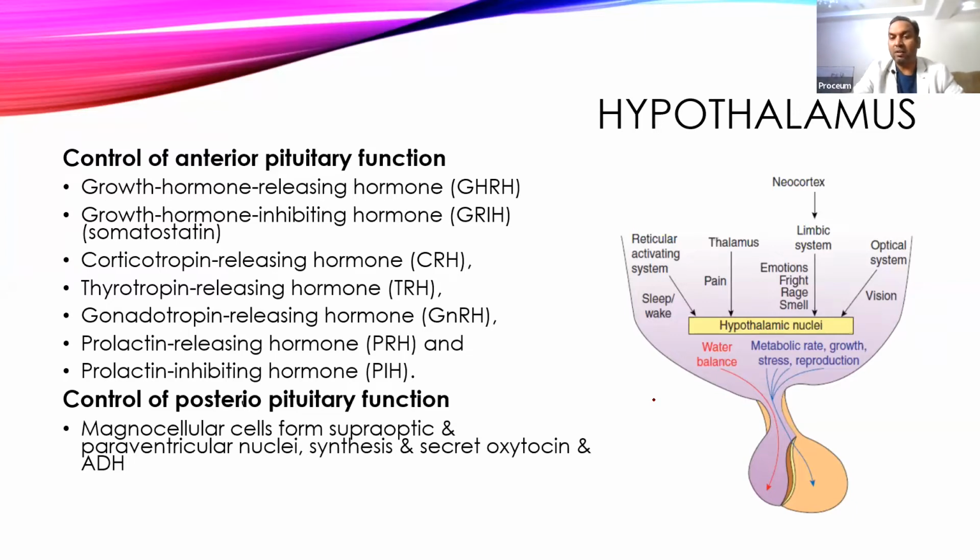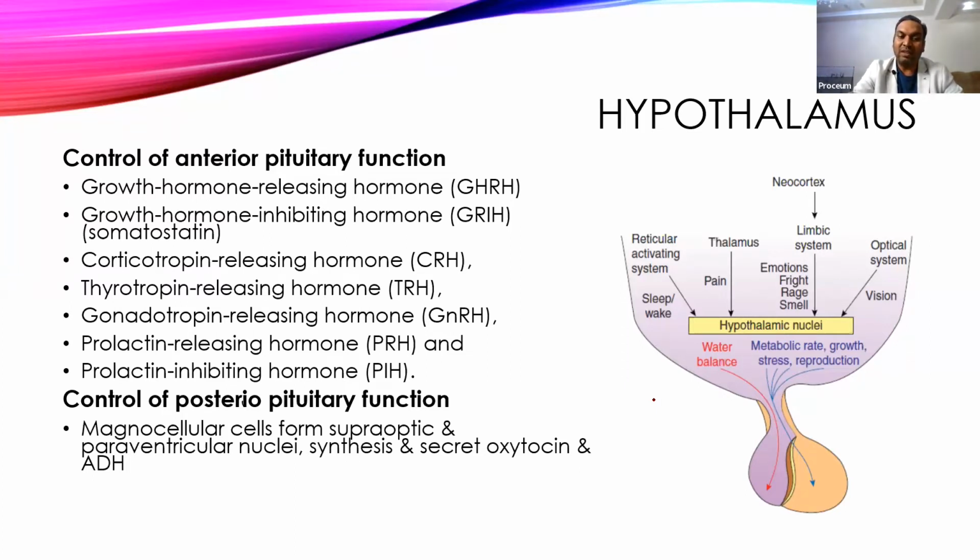Then come to the role of the hypothalamus in regulation of the posterior pituitary. Actually, the posterior pituitary doesn't synthesize its own hormones; they are synthesized in the nuclei of the hypothalamus, which contain neurosecretory cells called magnocellular cells.